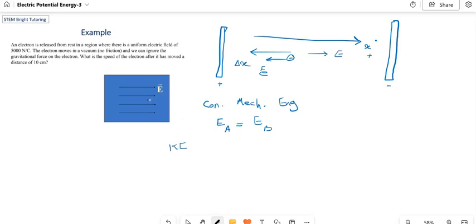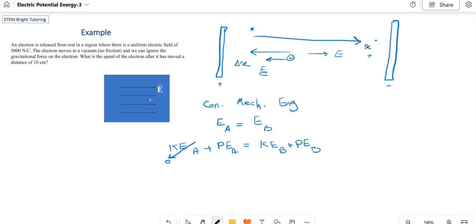The initial mechanical energy consists of the kinetic energy and electric potential energy at the initial point, and at the final point, kinetic energy and electric potential energy. So the question said that it is released from rest. So it means that the initial kinetic energy is 0.